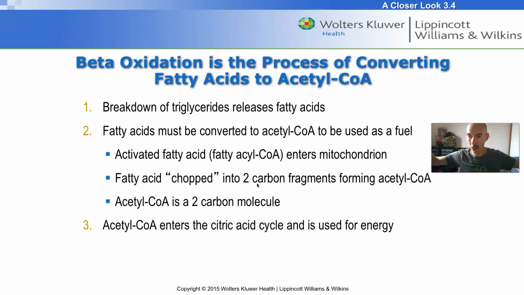If we had an 18 carbon fatty acid, we could chop that up into 9 acetyl-CoA, right? So where we told you before, glucose results in 2 turns of the Krebs cycle, a fatty acid might result in 9 turns of the Krebs cycle, which would result in a lot more ATP, okay? So we get more ATP from fat, not because the cycle is different, but because we provide more acetyl-CoA. Okay, so that's the key difference there.